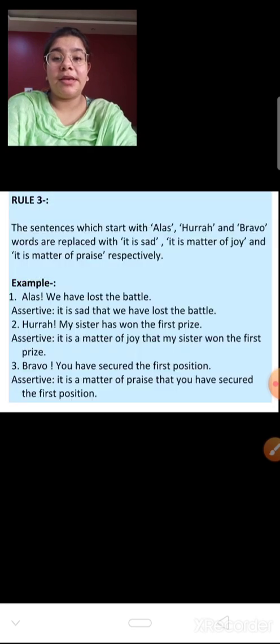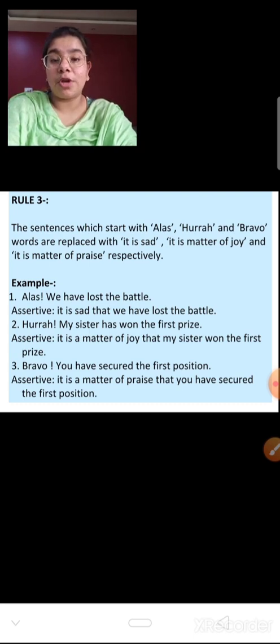Now the last rule is: the sentences which start with alas, hooray, bravo are replaced. So always remember that whenever we are changing exclamatory into assertive, we have to replace the words.